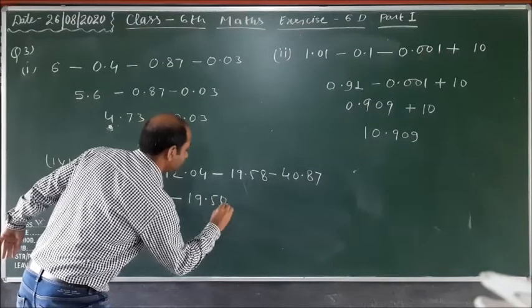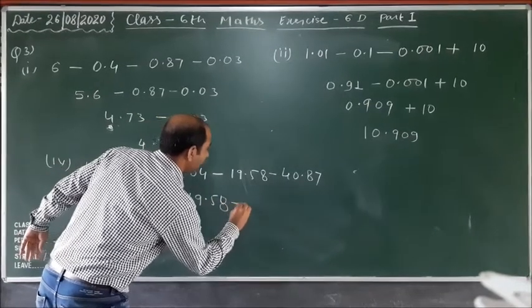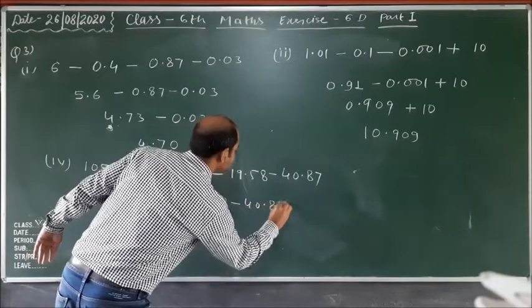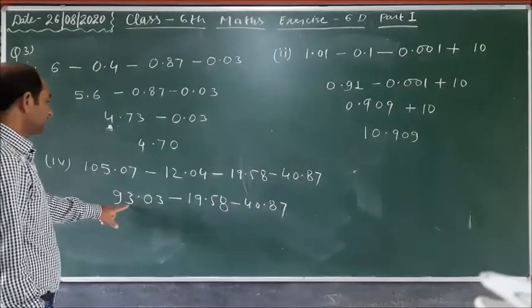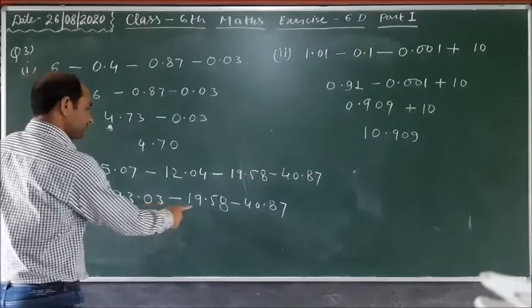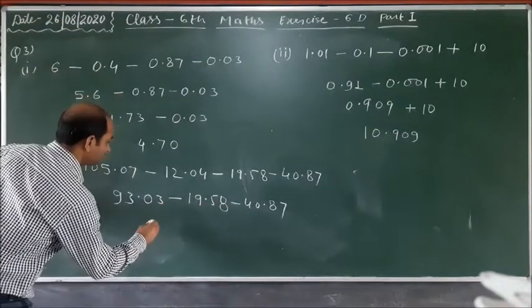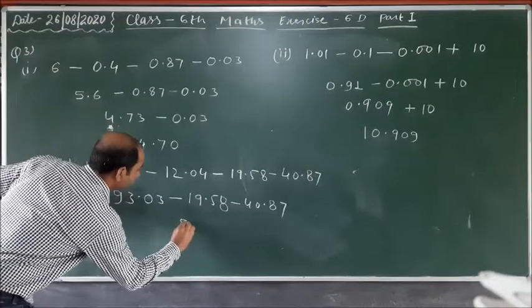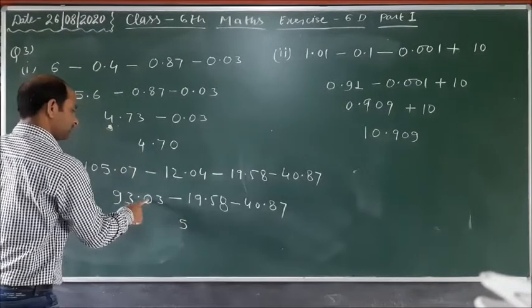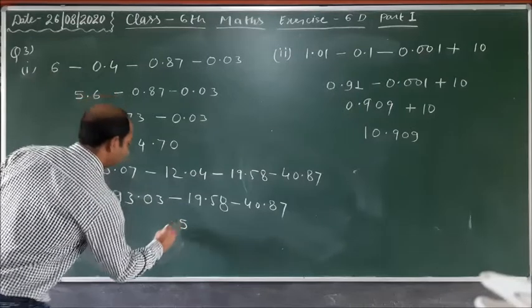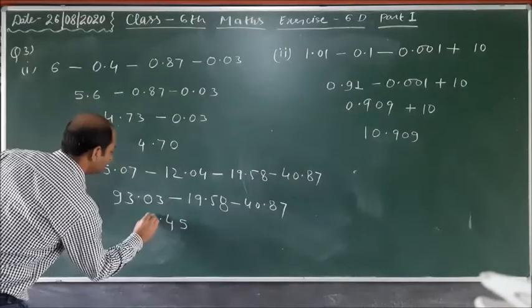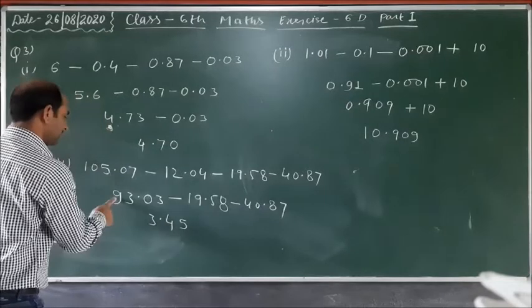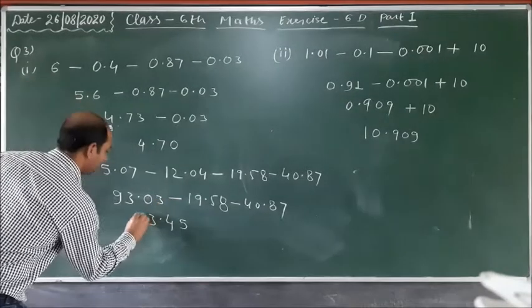Next number is 19.58 minus 40.87. Now 93. Now next number 13 minus 8 equals 5, and this is 9 minus 5 equals 4. 12 minus 9 equals 3, and 8 minus 1 equals 7.